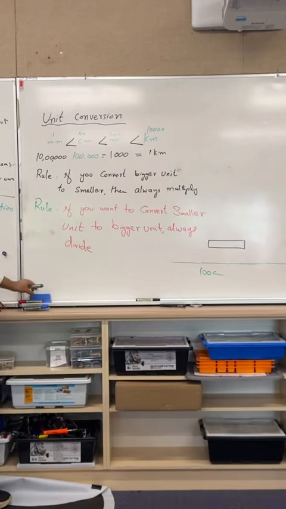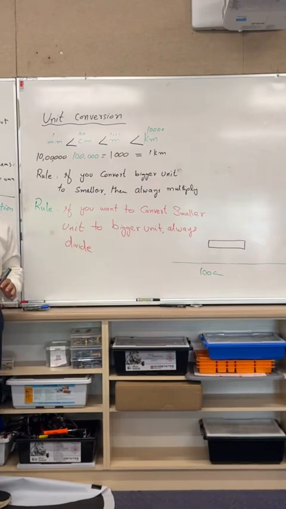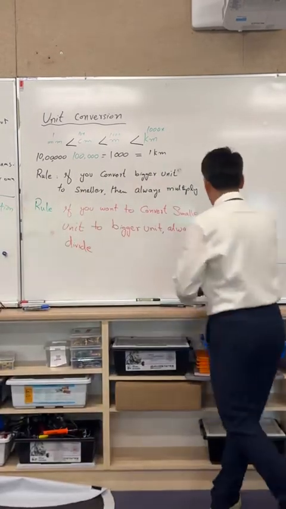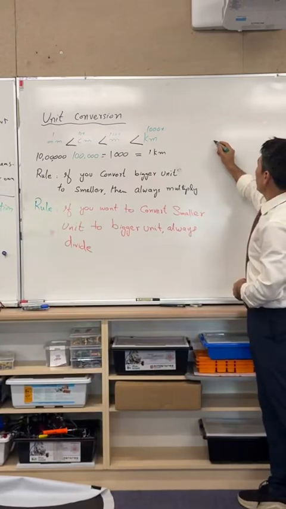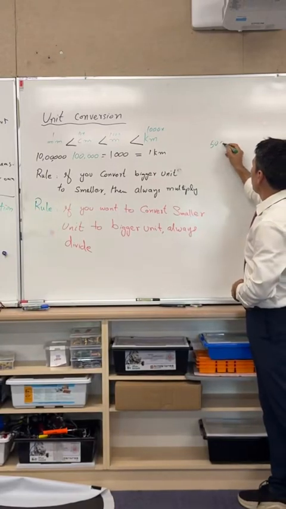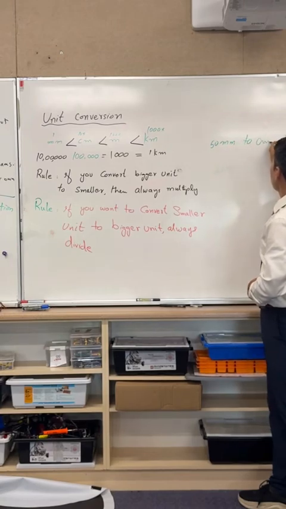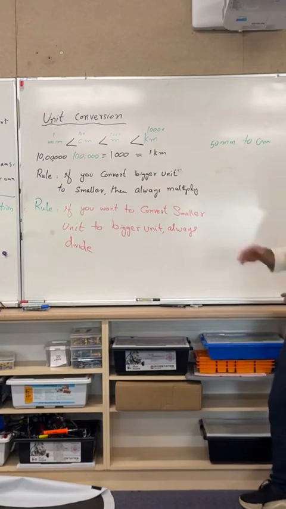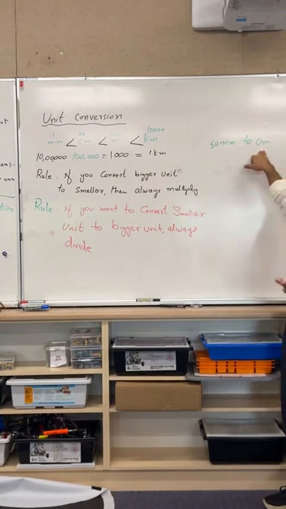Let's get some example with this. So when you get a question, you need to check whether the teacher asked you to convert this to smaller unit or to bigger unit, okay? You need to know that before, otherwise you can't do the question. Okay, I say 50 millimeter, convert to centimeter, right? See, before 2 and after 2. After 2 should be your answer, okay?